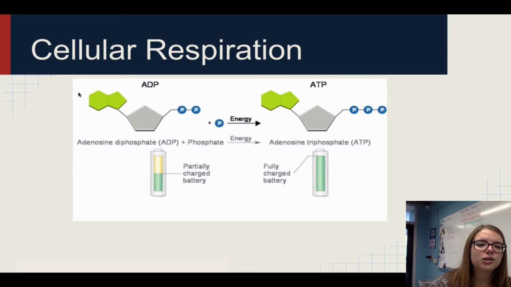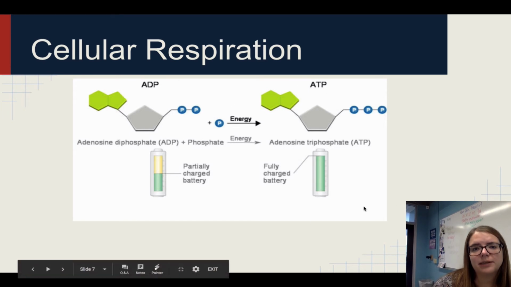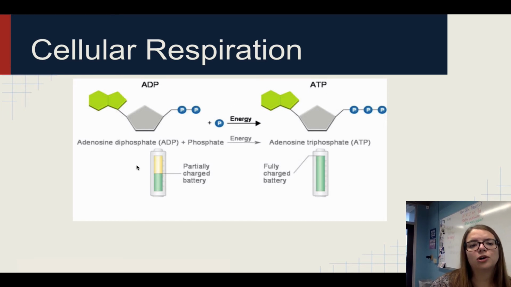Cellular respiration is going to take ADP and convert it to ATP. ADP is like the partially charged battery, ATP is your fully charged battery. The difference between adenosine diphosphate and adenosine triphosphate is 2 or 3 phosphate groups.